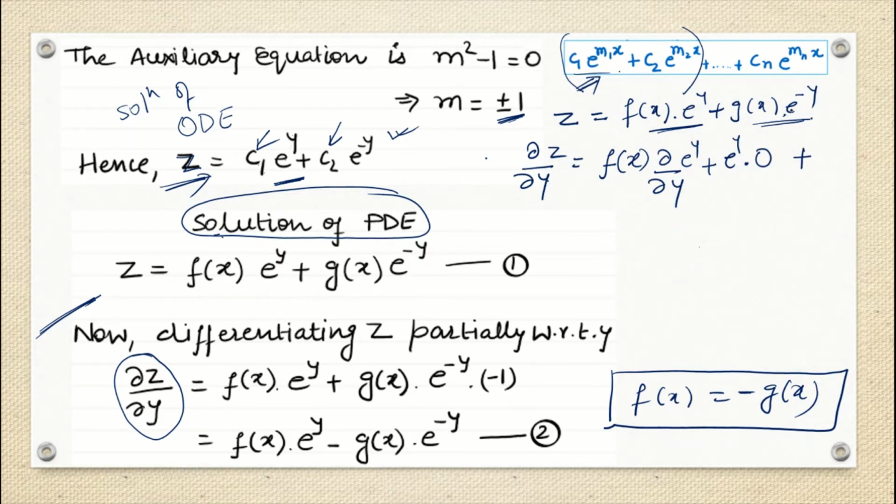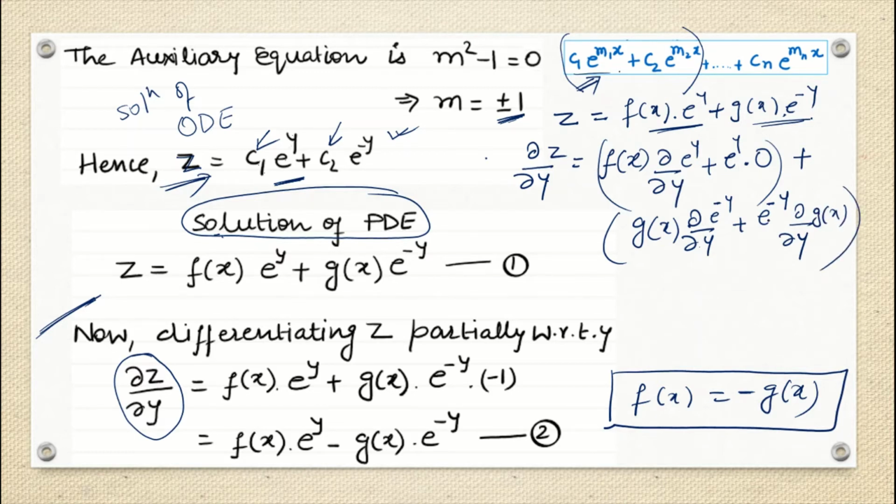Similarly, for the second term, with respect to y, g(x) is constant, so it's u into v: g(x) into del by del y of e^(-y), plus e^(-y) into del by del y of g(x), which is a constant, so it gives 0. So I write f(x), and del by del y of e^y is e^y only, plus 0, plus g(x) as it is, and del by del y of e^(-y) gives e^(-y) times minus 1 because of the minus y.